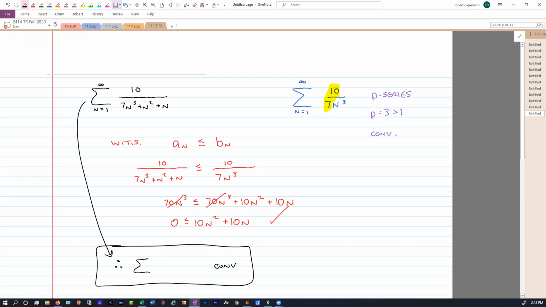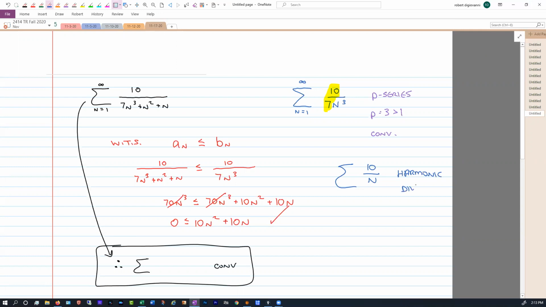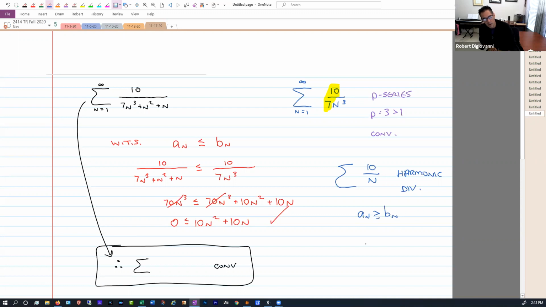So what if I selected 10 over n? It's the same thing. If you did 10 over n, you'd be comparing it to 10 over n. That's harmonic, right? Yes. That diverges. And so you would have to show the inequality holds the other way. So you'd have to show that 10 over 7n cubed plus n squared plus n is bigger than or equal to 10 over n.